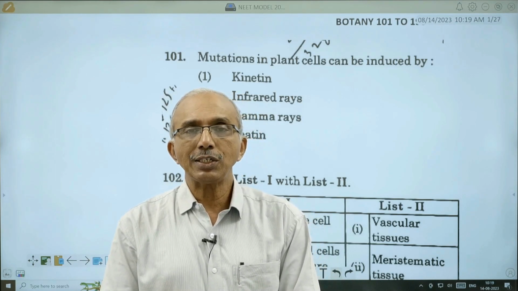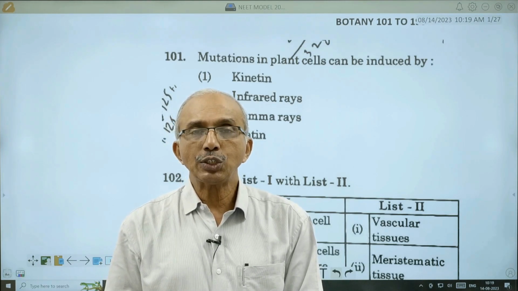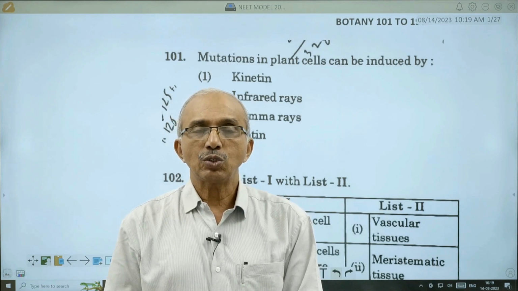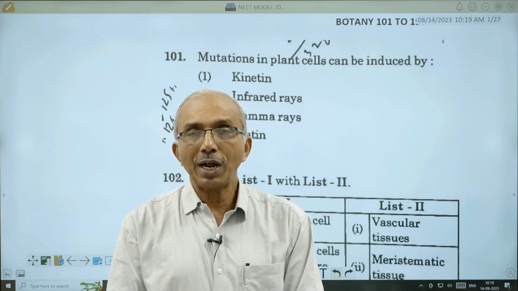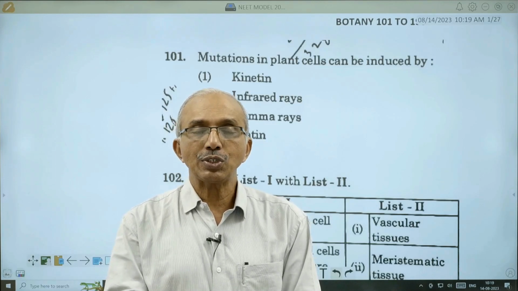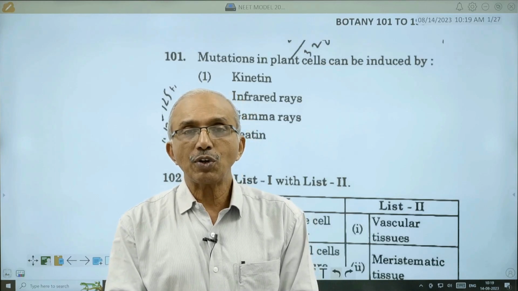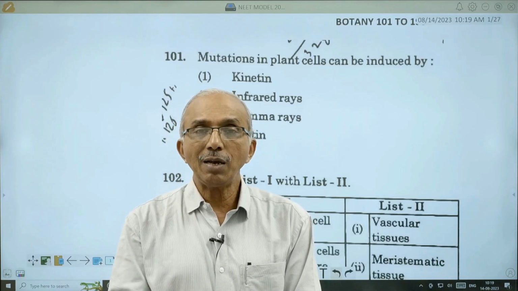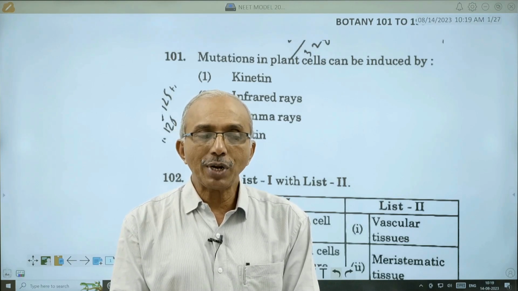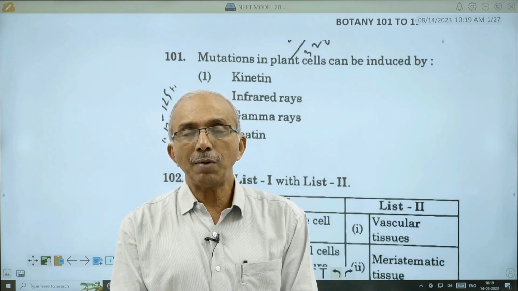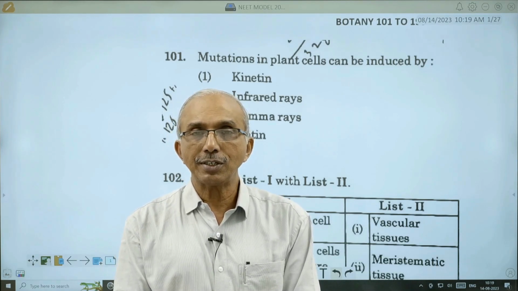Induced mutations can be achieved by the application of mutagens. There are two types of mutagens: physical mutagens and chemical mutagens. Physical mutagens are radiations. Chemical mutagens are chemical substances.